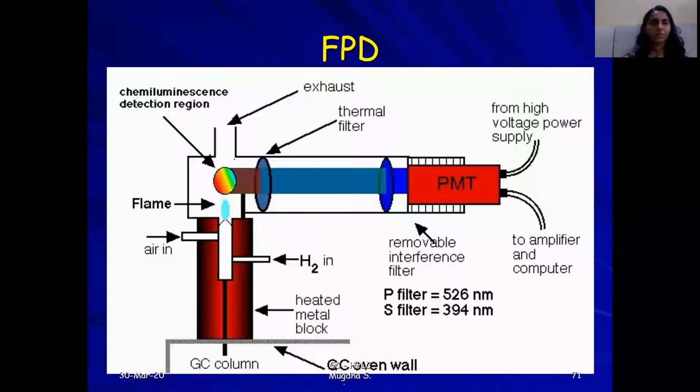So in this region, chemiluminescence takes place. If you recollect, when I was explaining fluorescence and phosphorescence, they are termed under chemiluminescence, meaning luminescence which is formed because of some chemical reactions. So you are basically measuring phosphorescence or fluorescence of that particular sample.